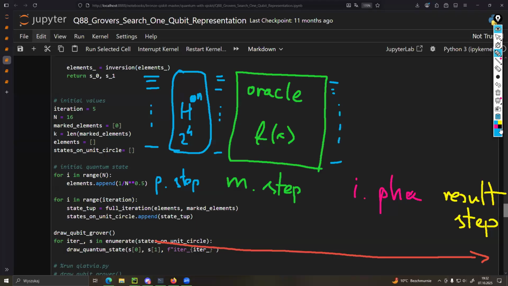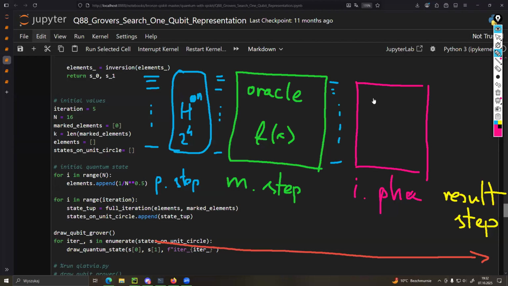Then we actually invert with yet another matrix. We perform an inversion. And this is probably the most known operator here.